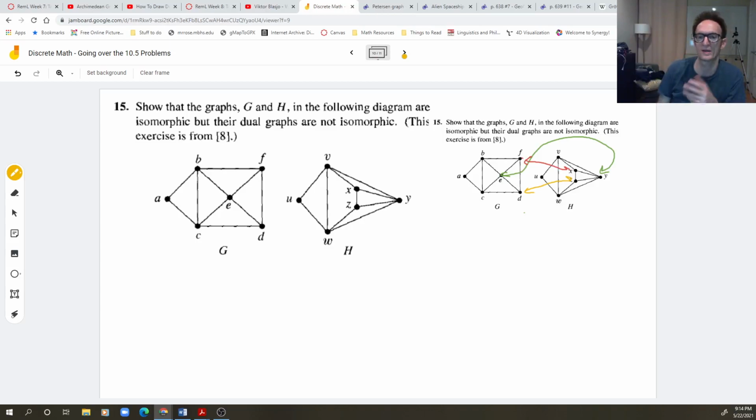It's probably better if I did this with GeoGebra, but if you just grab that point D and pull it out and pinch F and D inside a little bit, you can see that these two graphs are isomorphic. Anyway, there it is. I just produced an isomorphism.